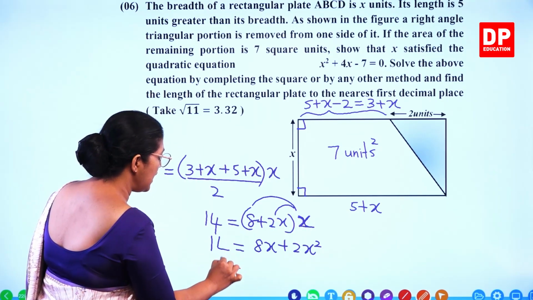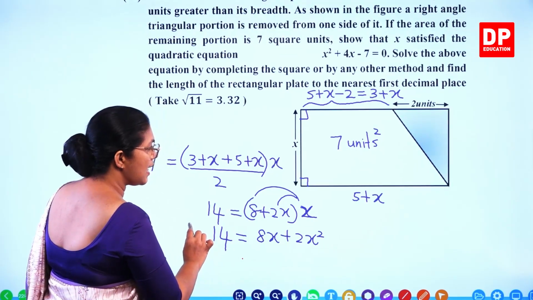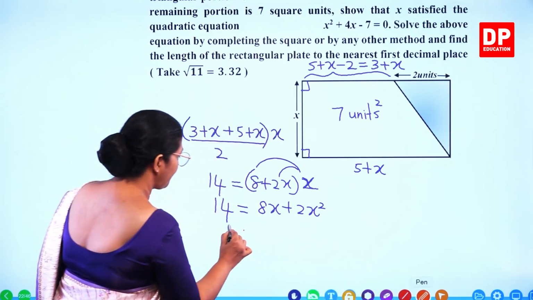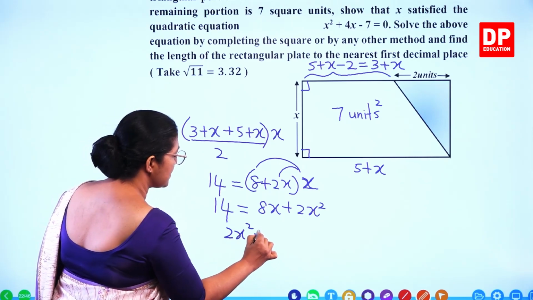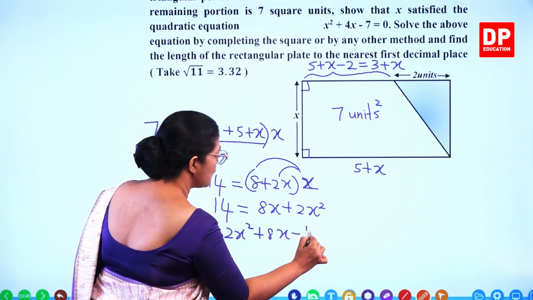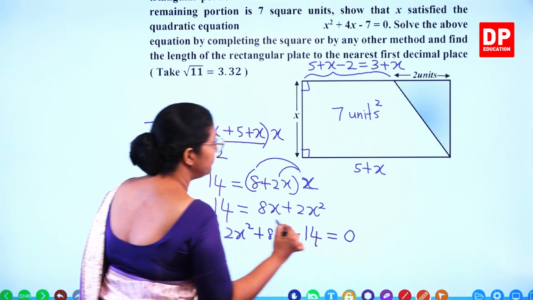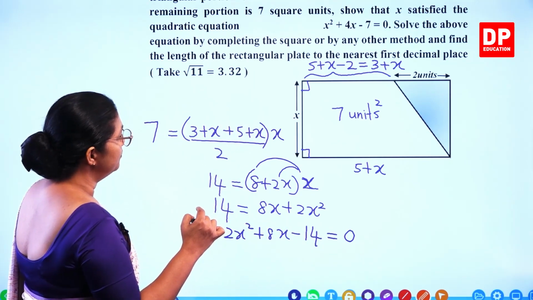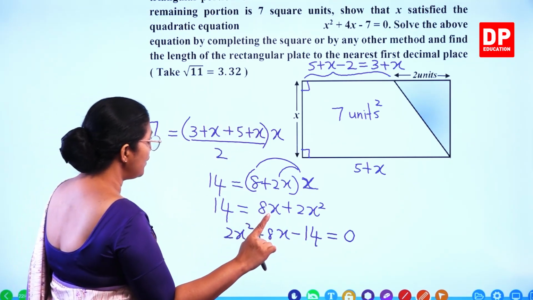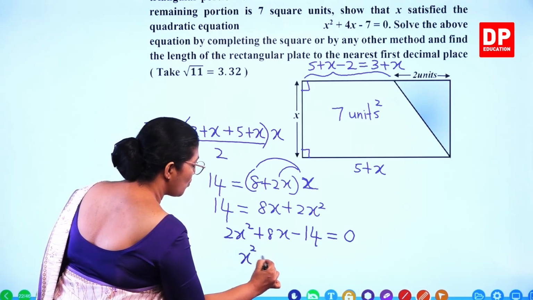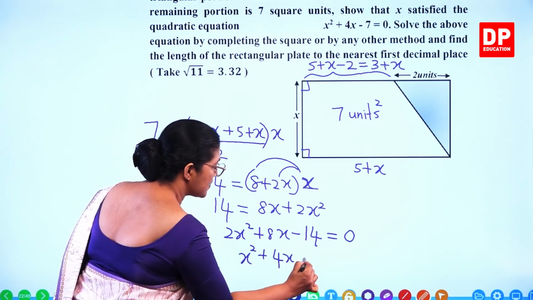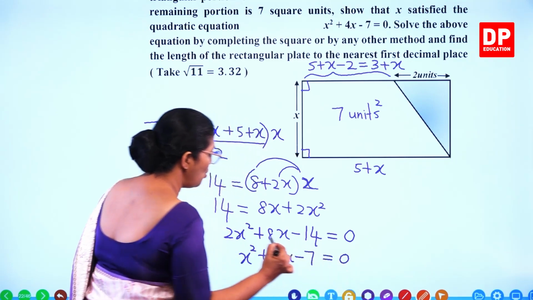That's equal to 14. Take all terms to one side. 2x squared plus 8x minus 14 is equal to 0. Then divide everything by 2. X squared plus 4x minus 7 is equal to 0.